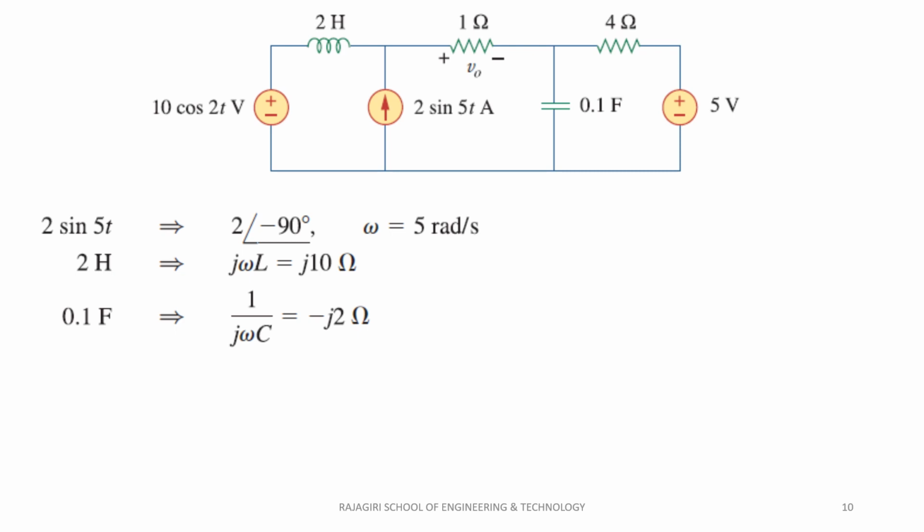Now we replace the inductor value with its impedance at 5 radians per second given by the expression j omega L, and the capacitor value by 1 by j omega C or minus j by omega C. The resultant circuit is given.